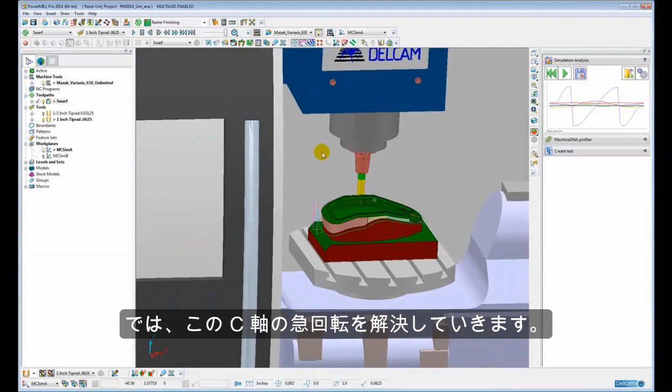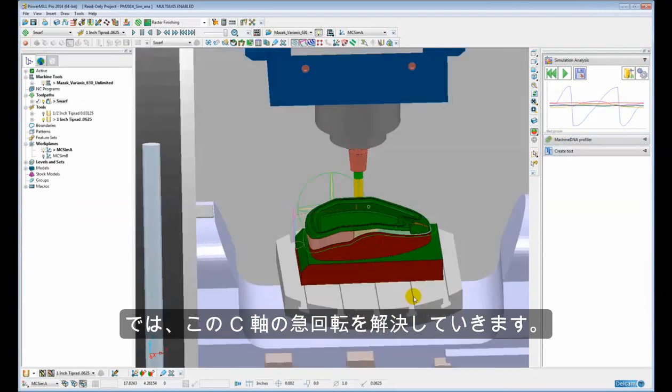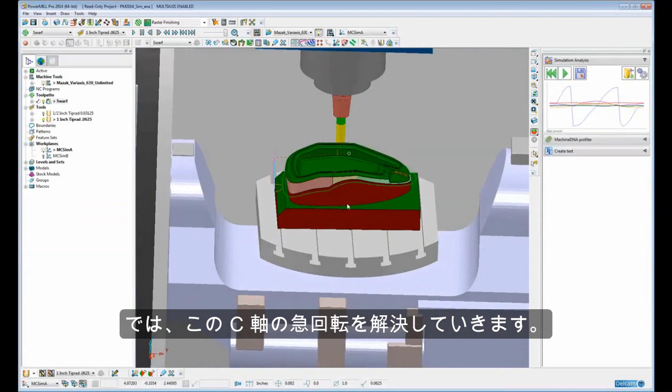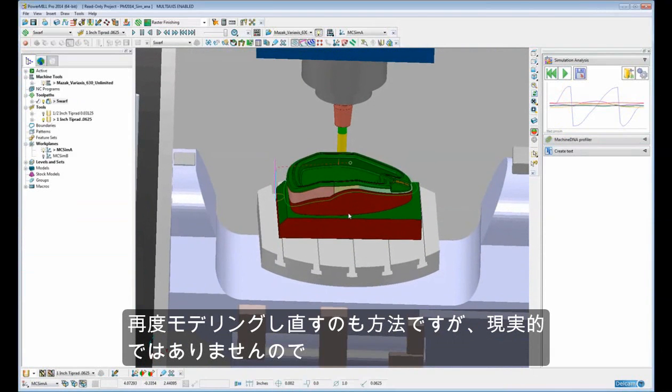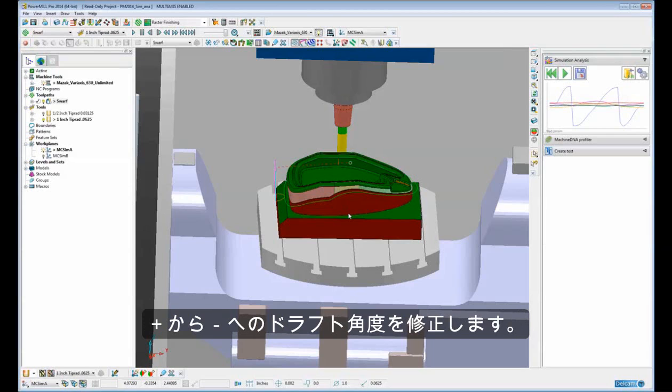So let's have a go at getting rid of this sudden swing in the C axis. Now the only way to achieve that would be either to remodel the part, which obviously is not possible in a lot of cases, or to reorientate the part on the table so it doesn't go from this positive to negative draft angle.